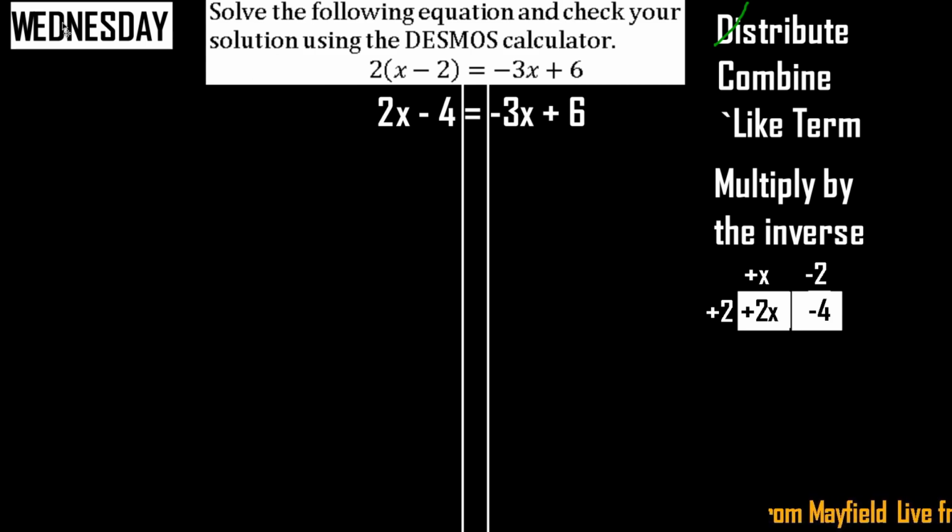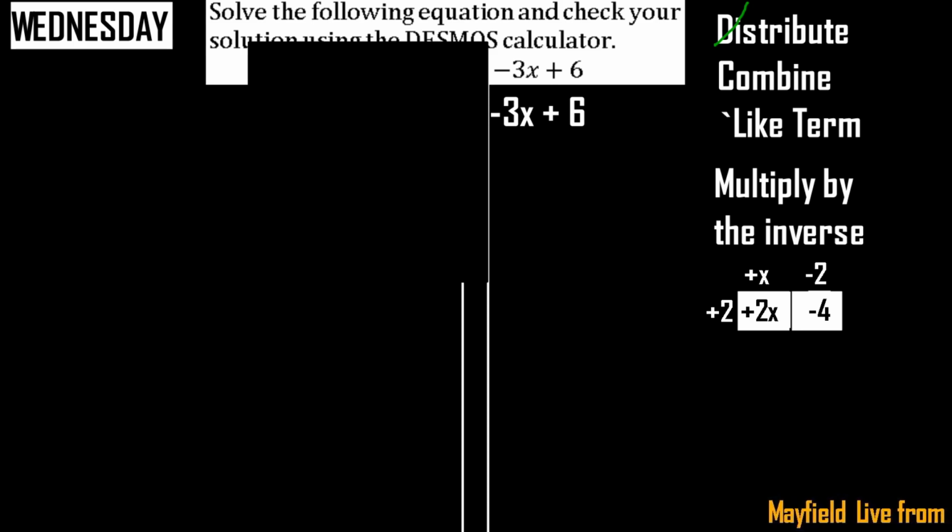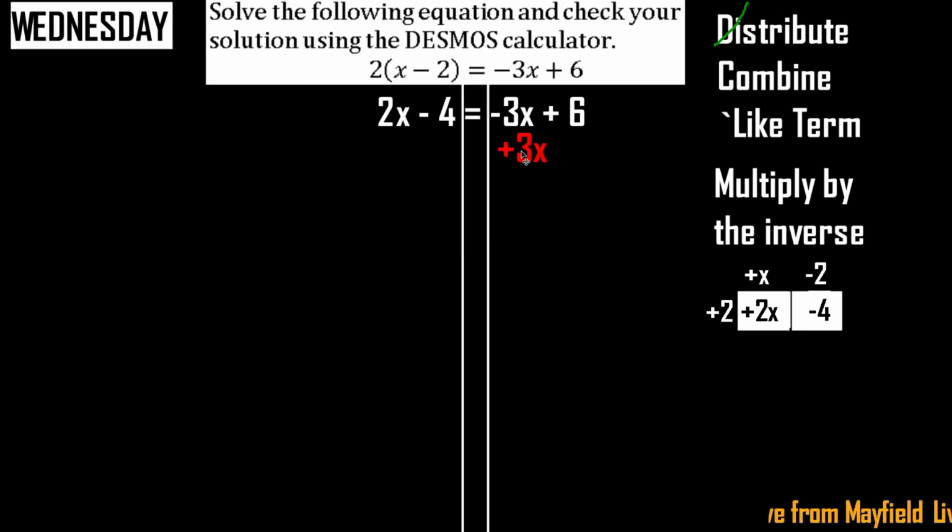Since negative 3 degrees is lower, this is the term that we're going to add the opposite to both sides. So what's the opposite of negative 3x? It's going to be positive 3x, and we have to add that to both sides. So I have plus 3x, and I have plus 3x.